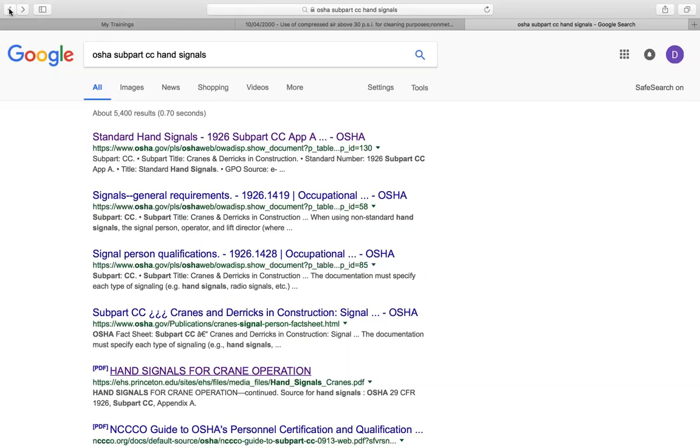So it's in there, and like I said, the thing with signage, folks, is that the hand signals have to be used, the ones that come with the crane, or the ones directed by ASME, the American Society of Mechanical Engineers, and ANSI.